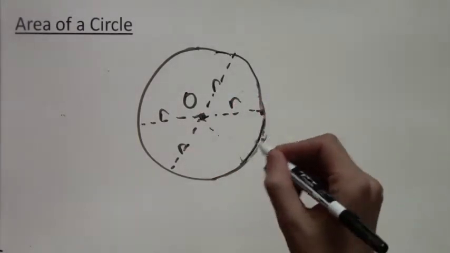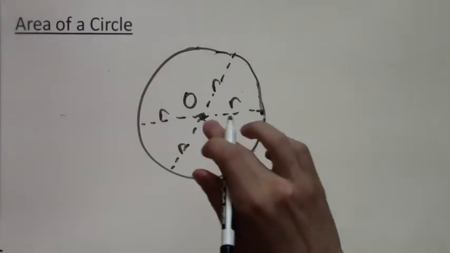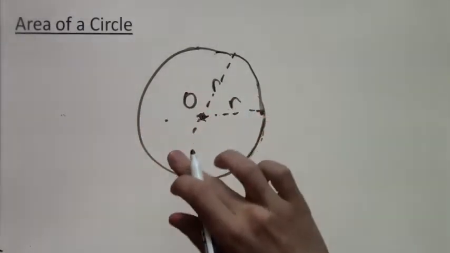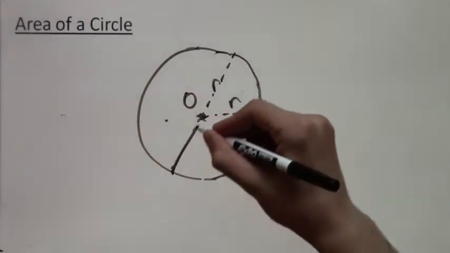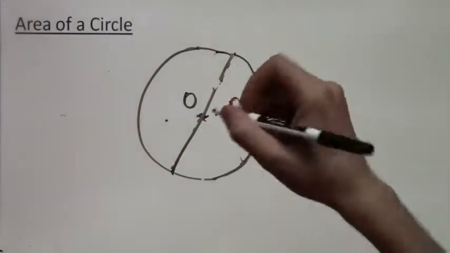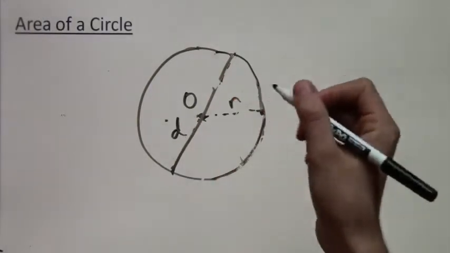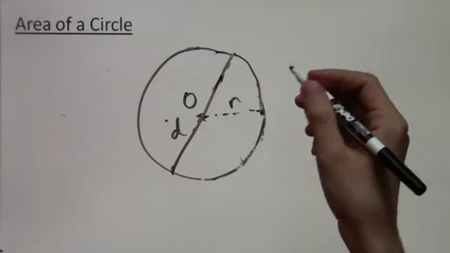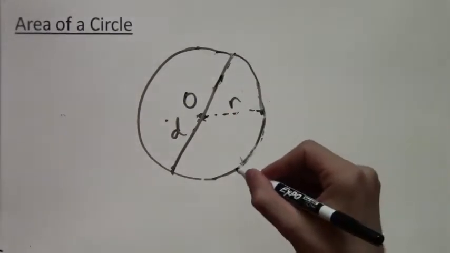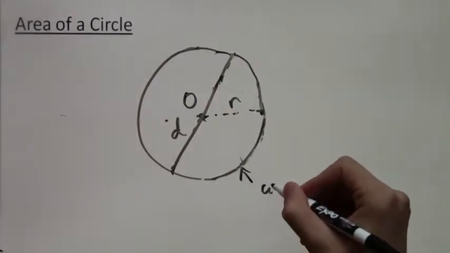So the radius of a circle is actually very important because it's the defining trait. But there's actually another way that we can look at a circle, and that is through the diameter instead of the radius. And the diameter is the widest you can go across a circle.